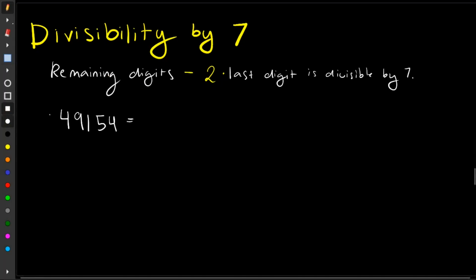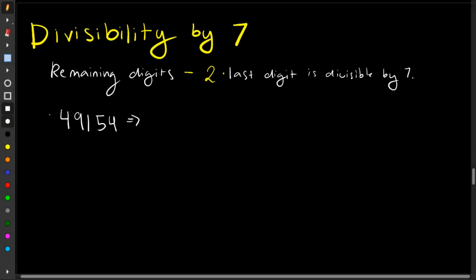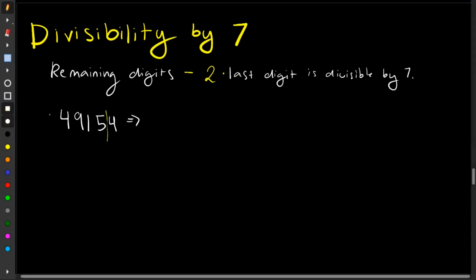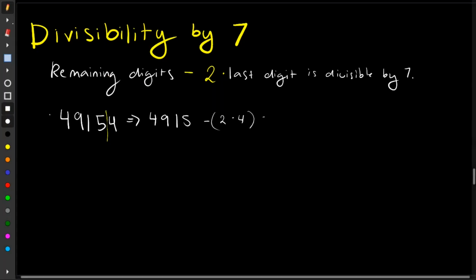So for this one, we first remove the last digit out here. So that would give us 4,950 minus twice the last digit, 2 times 4.